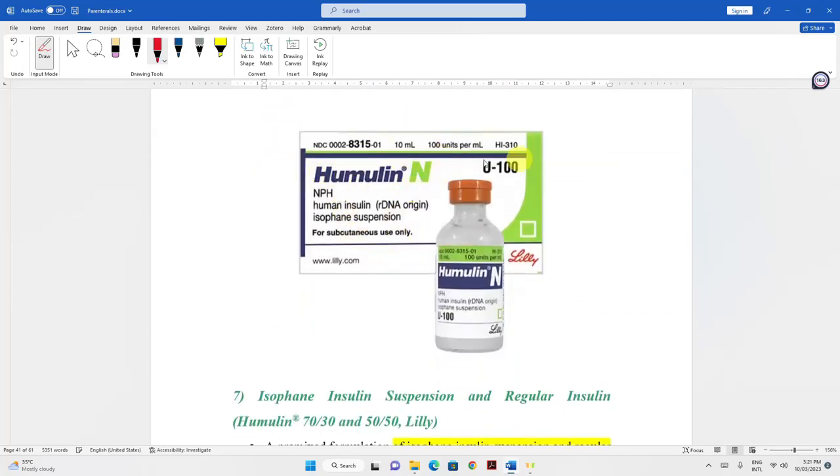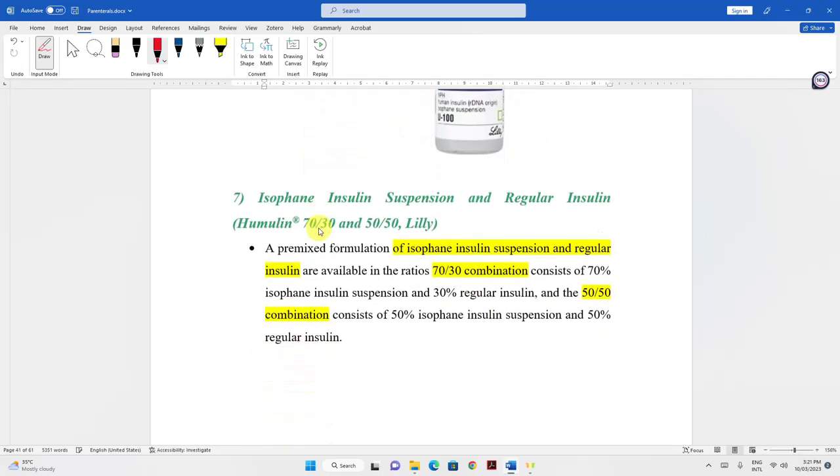This is Humulin N, again 100 units per ml. Now you know, and we discussed this in the last part, that we need basal insulin, a secretion of insulin continuously at a low rate, and a surge of insulin when we take food. That's why you will find a mixture of basal and regular or very short acting insulin.